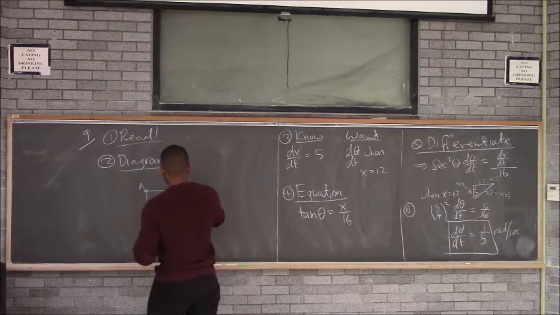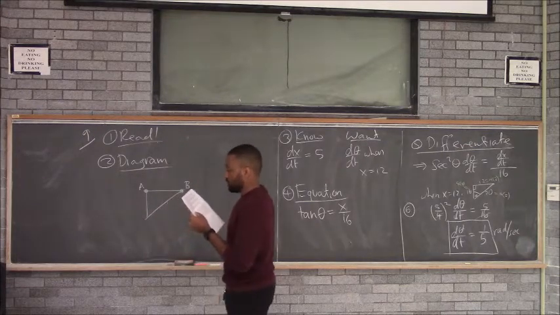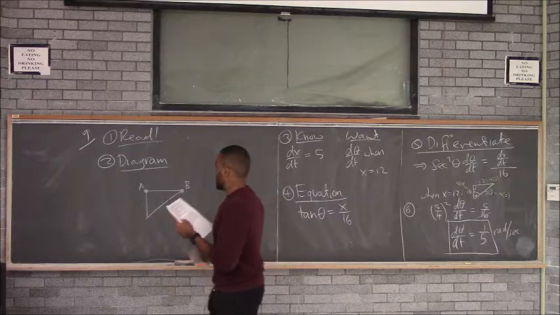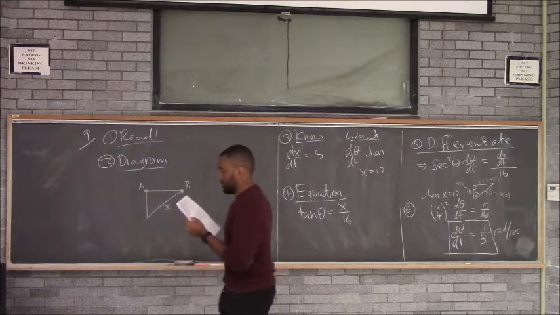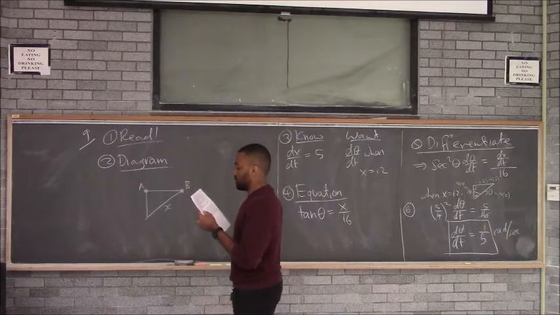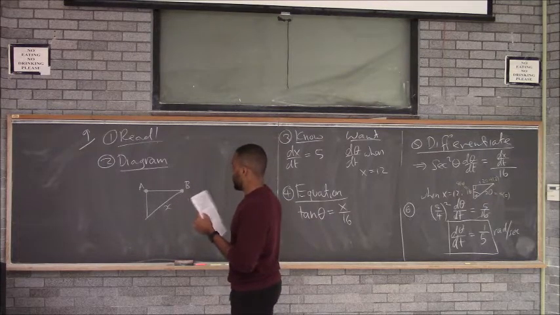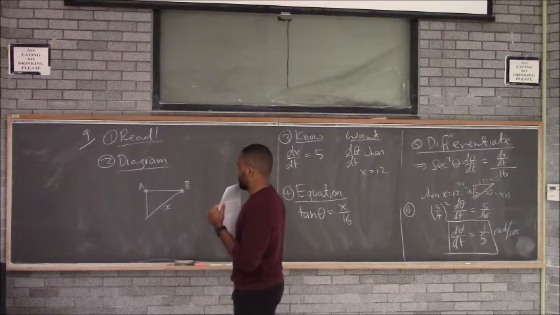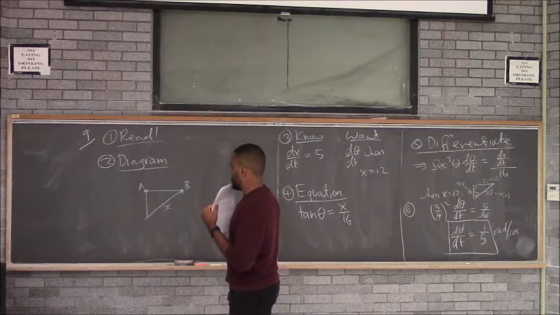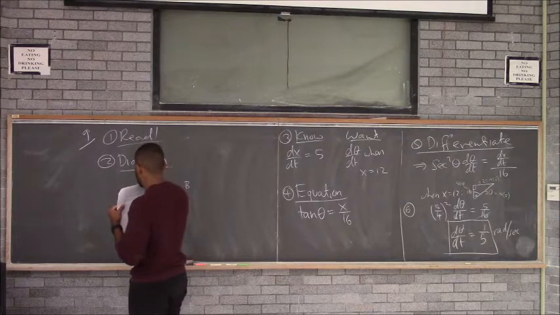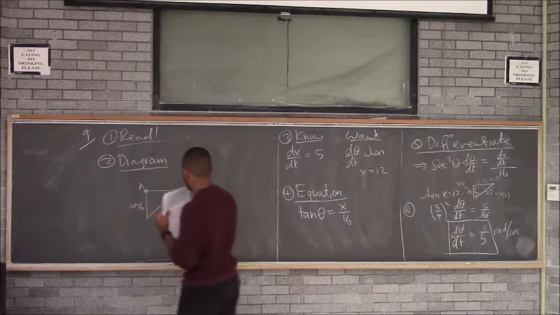And the hypotenuse is x. And I put 20 on the left side, 20 miles per hour, because A is traveling south. And 80 miles between A and B.